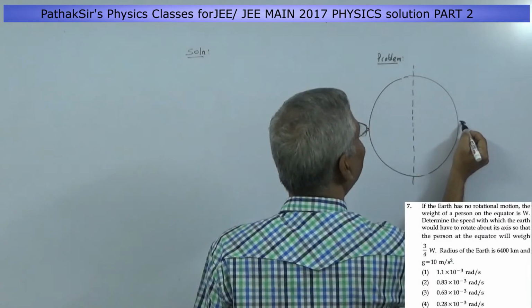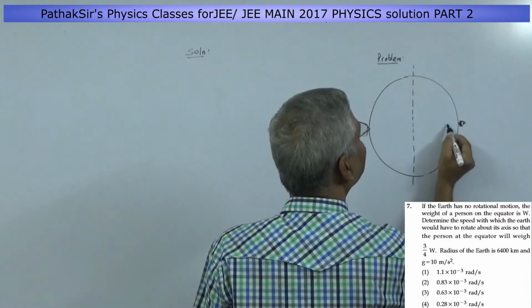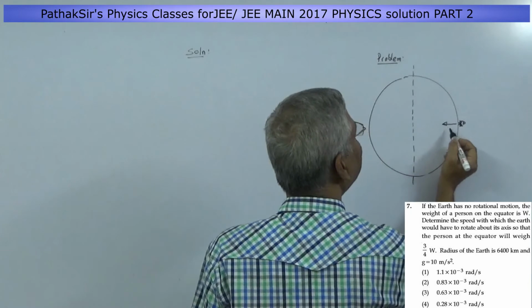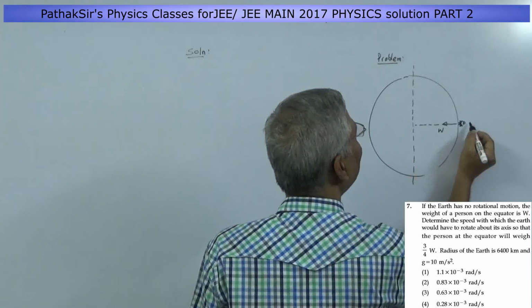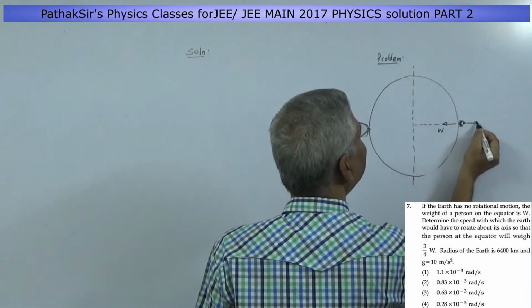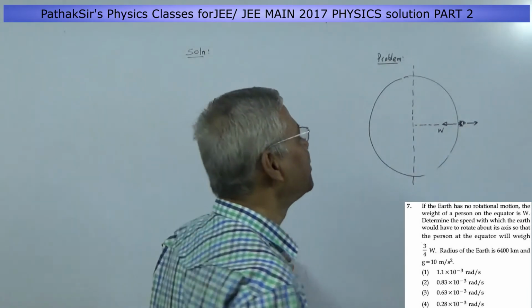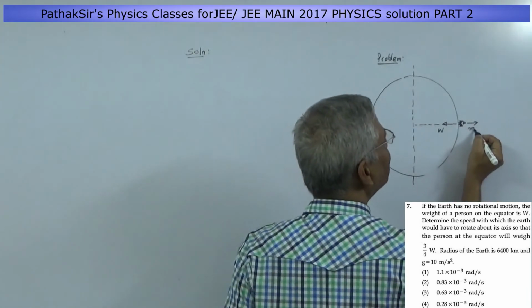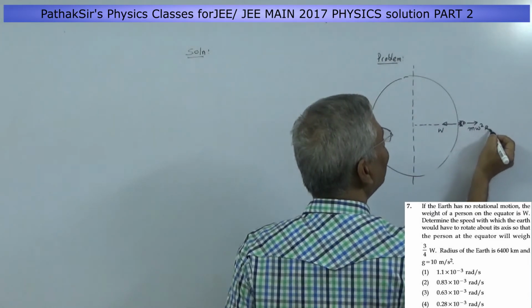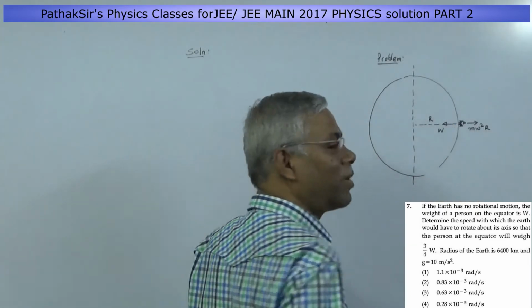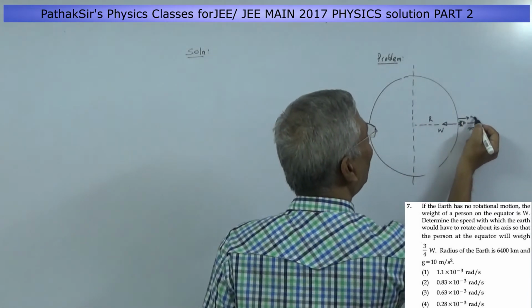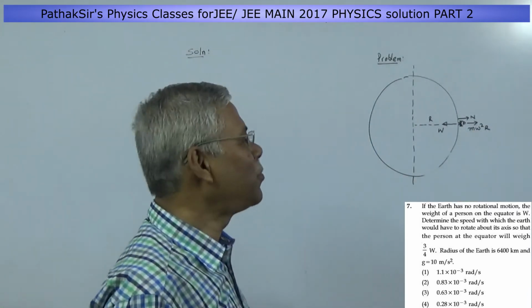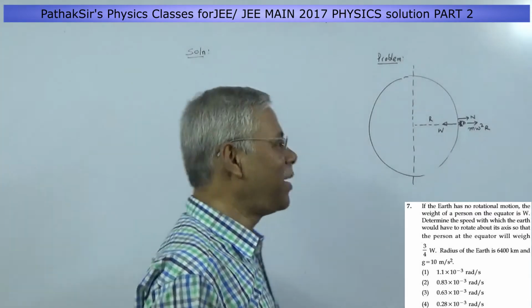A man is located at the equator. The force acting is W in this direction. In the non-inertial frame, centrifugal force will act, m omega square r. In this direction also the normal force will act. Normal force is actually the weight of the man.